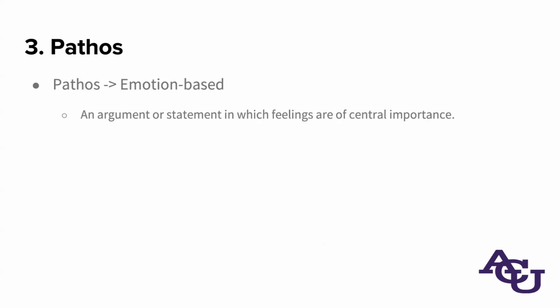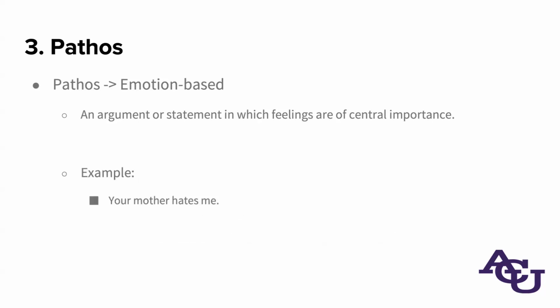Now, contrast that with pathos. Pathos is emotion-based arguments. And I say that not in the irrational emotional sense, but saying that feelings are of central importance in giving the argument power.